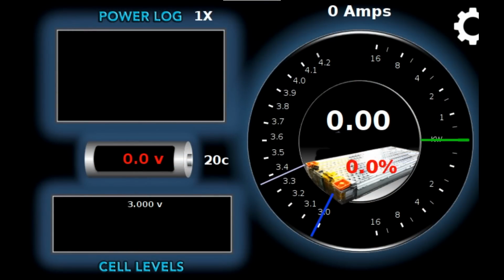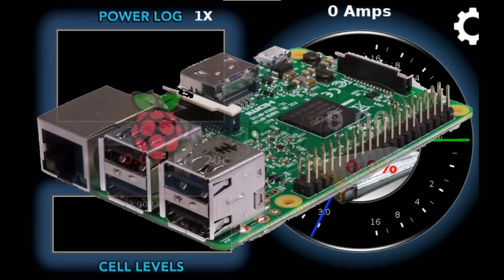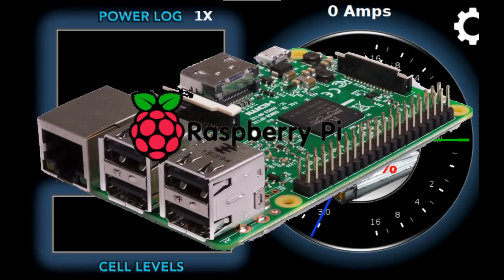What we've done is gone to a Raspberry Pi type device with a 7-inch touchscreen. And both are the official products of the Raspberry Pi organization, a British group that wanted to bring Linux computing to the masses, and students particularly.